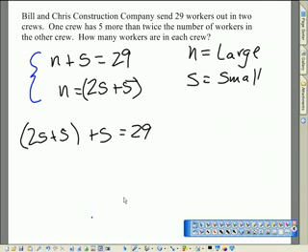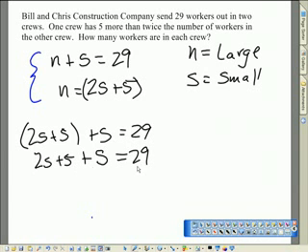Do I have anything to distribute here? No, I mentioned that. When the coefficient is 1, what can I do with the parentheses? Get rid of it. 2s plus 5 plus s equals 29. Add my 2 like terms. 2s plus s is 3s plus 5 equals 29.